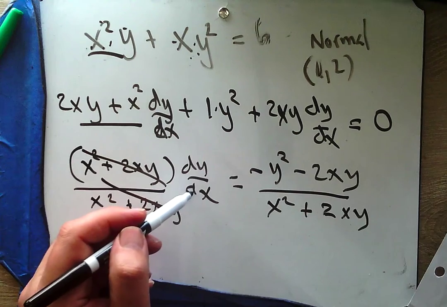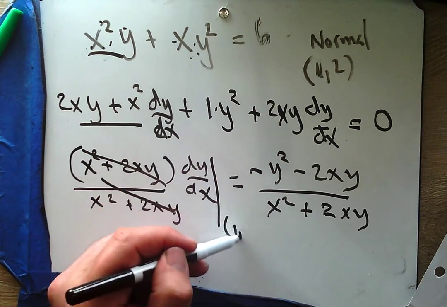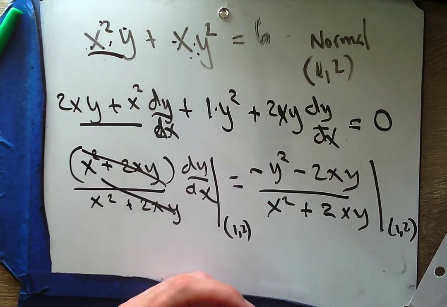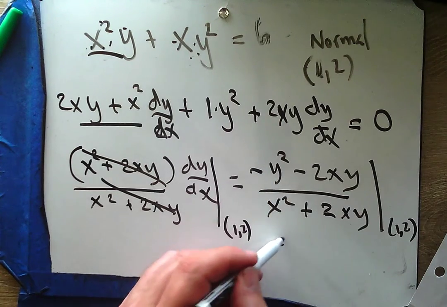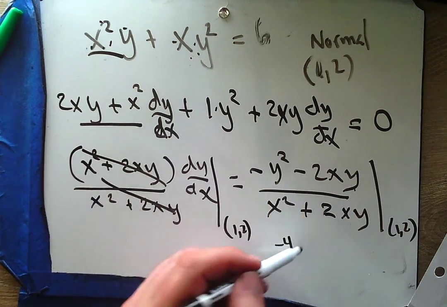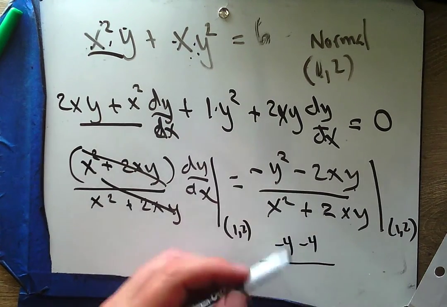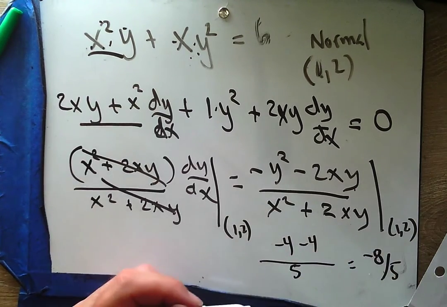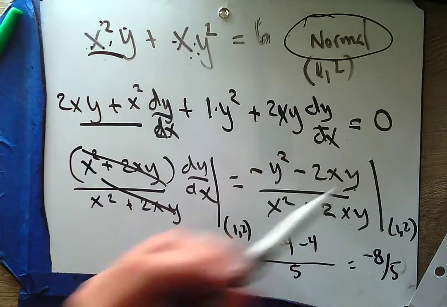So now that I have the derivative, I can evaluate that derivative at 1, 2 to see what my slope would be. Well, if I plug in a 2 here, I'm going to have minus 4, and on the bottom, 1 plus 4 is 5. So negative 8/5 is the slope of the curve at that point, but I need the normal.